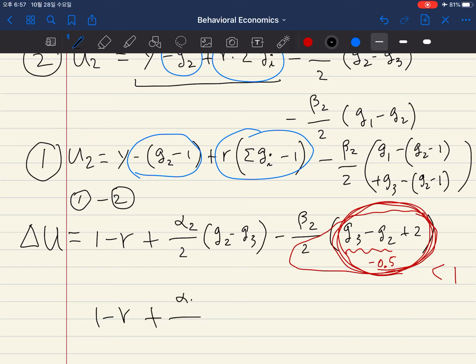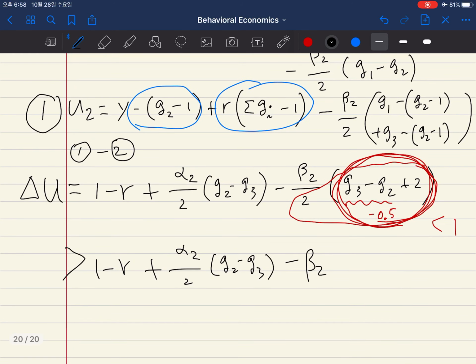Therefore, if I change this red part to number 1, we know that the expression is going to be lower. Okay, then we are done.